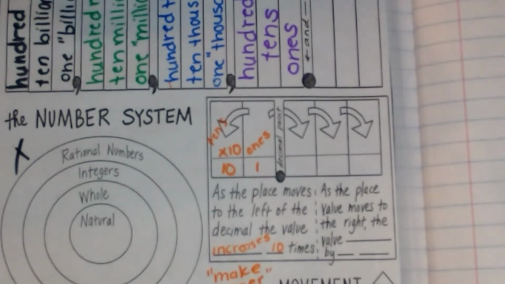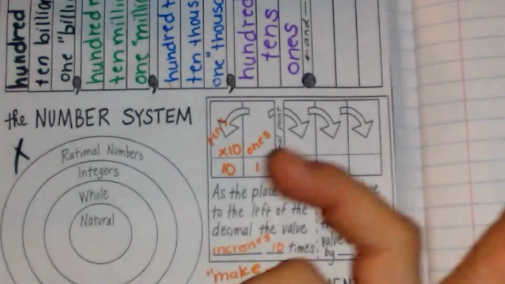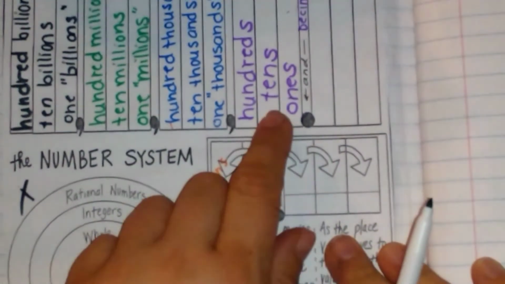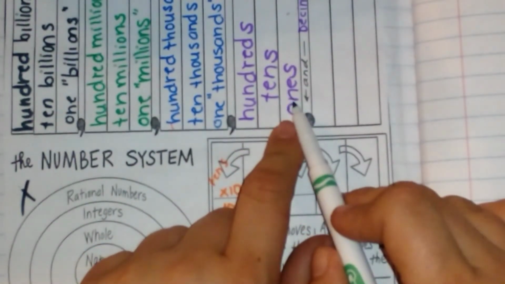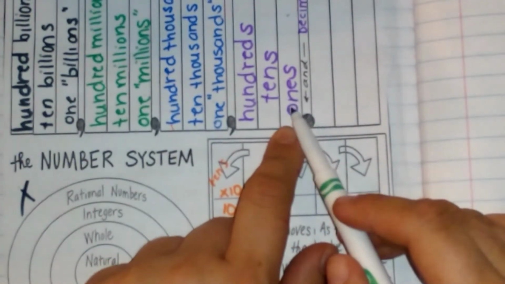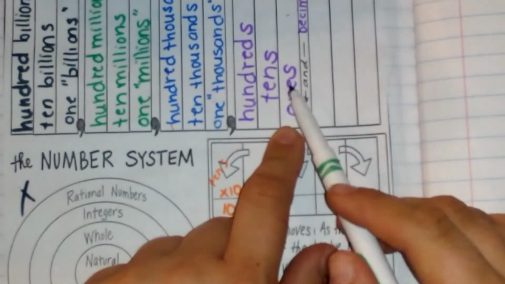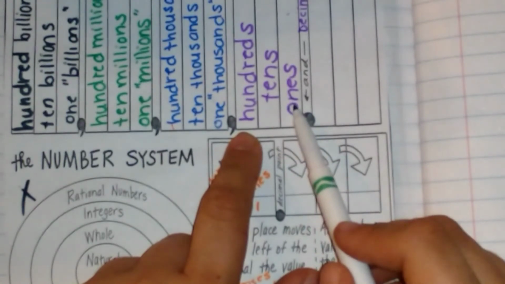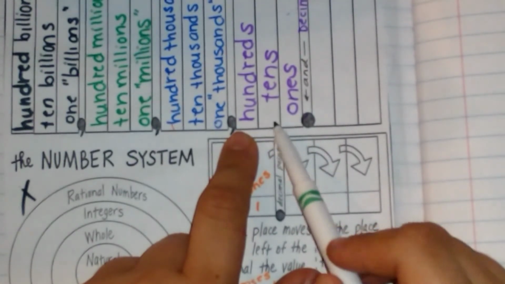Then, if we're moving to the right, we're moving the other direction here, then what we want to do is make it smaller. So if I'm moving my tens to the ones, I'm not multiplying it by 10 now, I'm dividing it by 10. If I'm going from 100 to ones, I'm going to divide it by 1, 2, so 10.